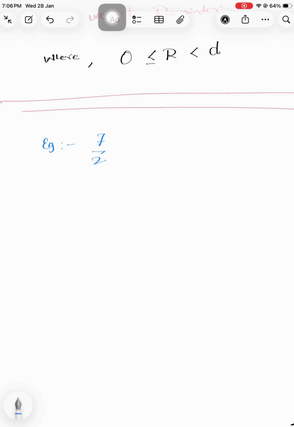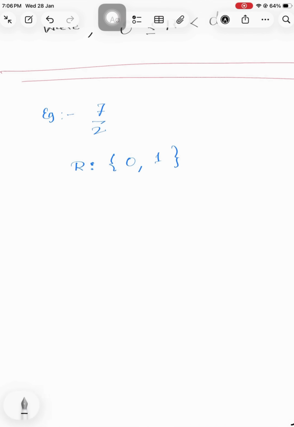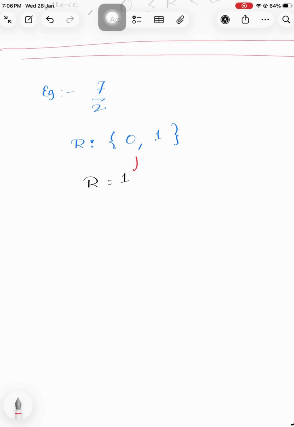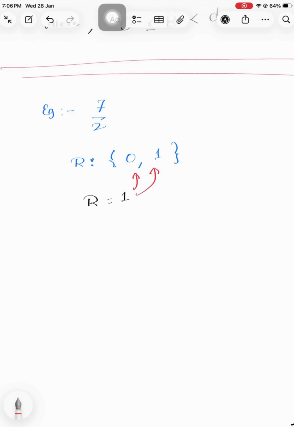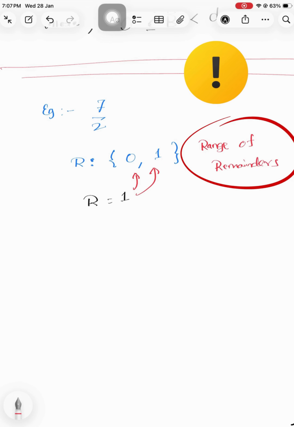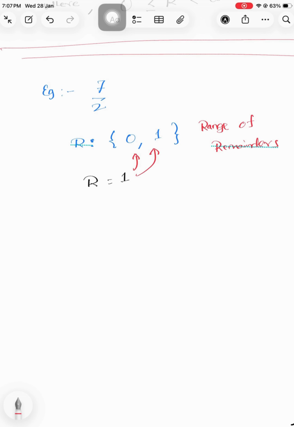So 2 as a divisor is deciding the remainder, and the remainder can range from 0 to 1. For this 7 upon 2, as we already know, the remainder has to be 1 without doing any further calculation. And as we discussed just now, the value of remainder has to be greater than or equal to 0 and one value less than the divisor. So in this case, the set of remainders varies from 0 to 1. So a divisor value 2 can have either 0 or 1 as remainders.